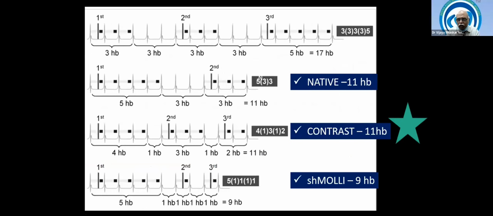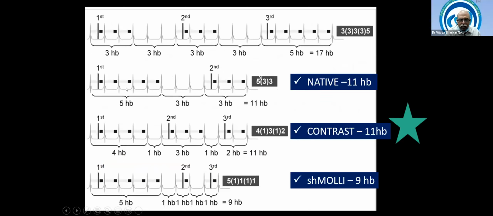What is 5-3-3? Give a first inversion pulse. Take 5 data sets of images of varying recovery. So 5 heartbeats give 5 images of one recovery. Then give a 3 heartbeat gap.